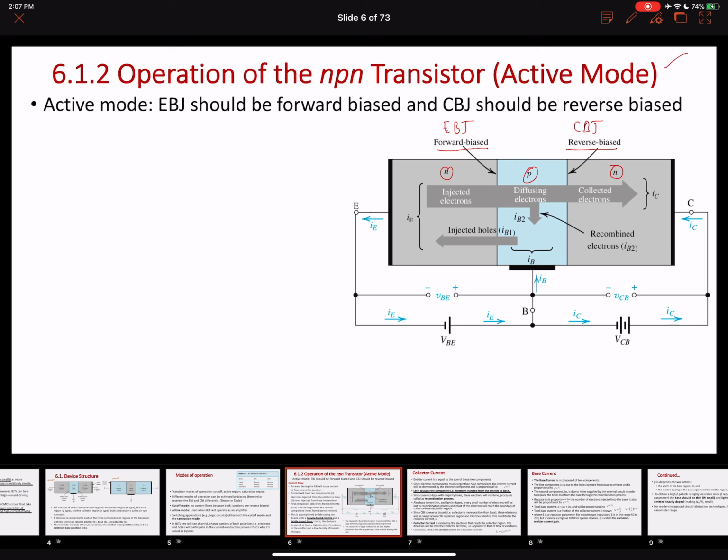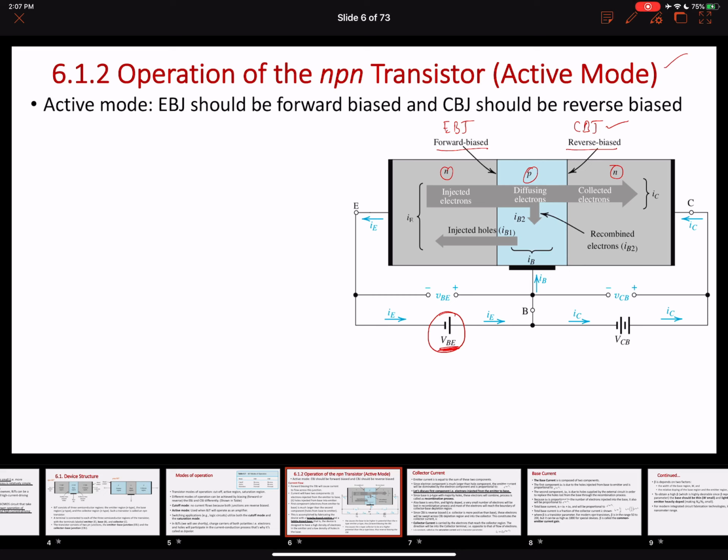So we ended up biasing this emitter-base junction with the supply VBE, and this will be forward biasing it because the P-type base is at a higher potential as compared to the emitter, and of course it needs to cross this barrier potential for the current to occur. Now if we look at the collector-base junction, whenever a PN junction is reverse biased, the N-type is at a higher potential as compared to the P-type, which is exactly the same thing over here.